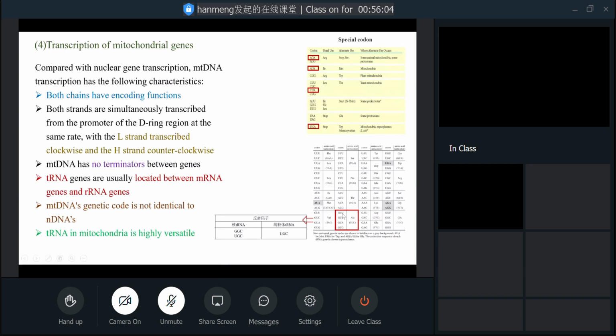And the anticodon in the nuclear tRNA is GGC and UGC. But in the mitochondrial DNA, only one anticodon is enough, the UGC. So the tRNA in the mitochondria is highly versatile.